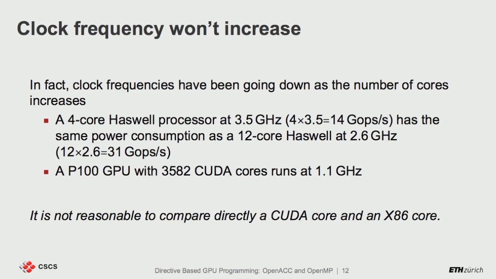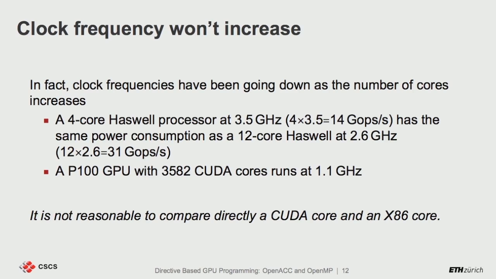So as I said before, clock frequency won't increase. Why? Because of the power wall problem. So you can see that even a 4-core Haswell processor at 3.5 gigahertz has the same power consumption as a 12-core Haswell at 2.6 gigahertz. And I bet that on the 12-core Haswell you can get much more performance than on a 4-core Haswell.